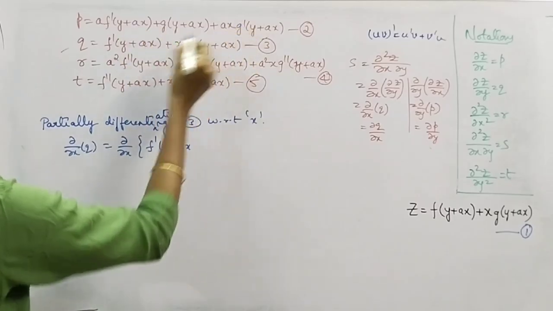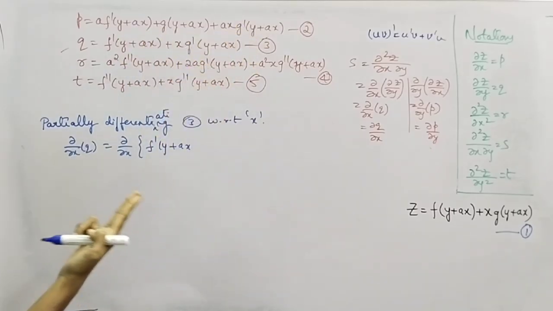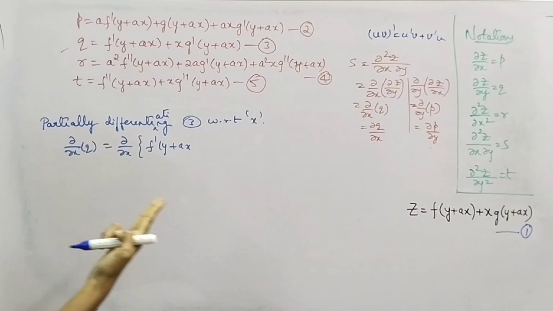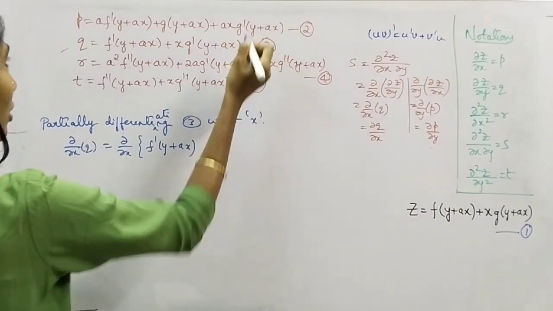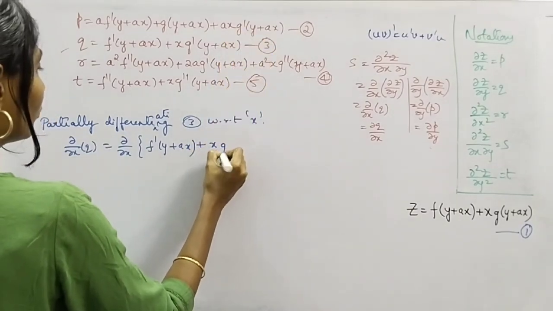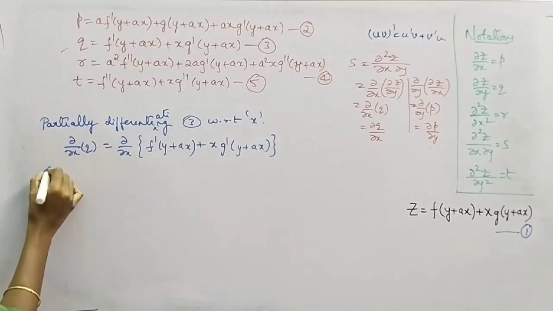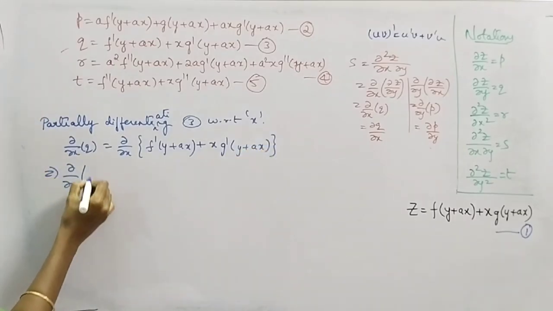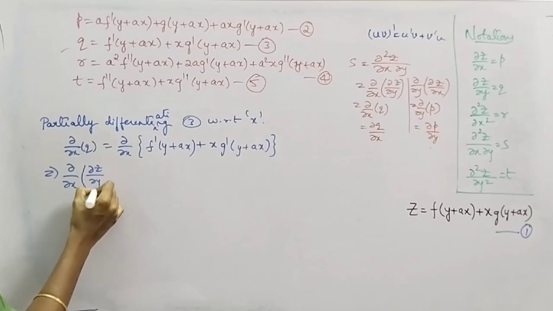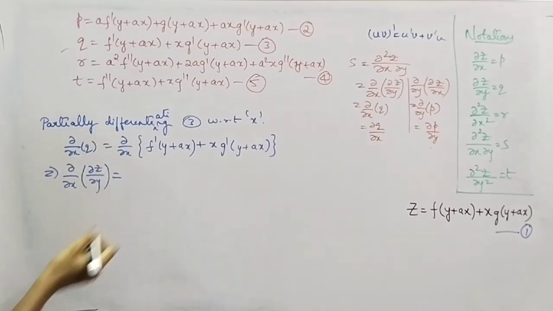See, here we are having 3 terms, but in q we have 2 terms, so I'm going to try it for 3. You can take any of these two. This gives us dou by dou x of q is nothing but dou z by dou y. Here itself you can write as, okay.